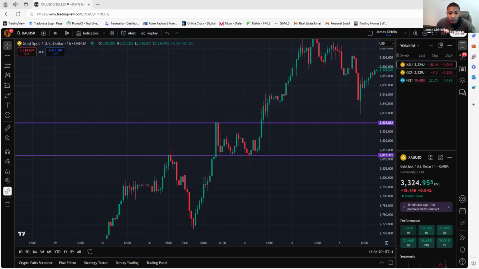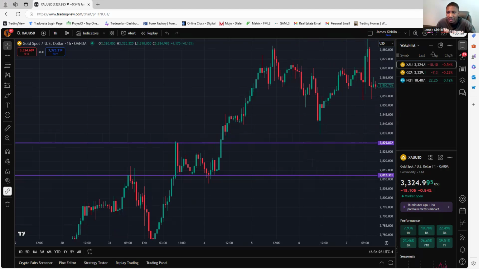So in this section, we'll be going over how to identify support and resistance zones. Now, I'm on XAU USD, which is gold, the Forex version of gold. I just went to a random day and I found a support and a resistance, which means the top.